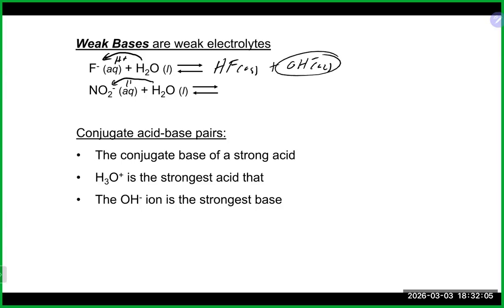Same deal, going to send our H plus over there, going to produce our nitrous acid there, and a little hydroxide action in there. Same idea, these weak bases have the ability to produce some hydroxide, so they're still considered bases. The deal with these guys is they pretty much need to do a little bit of work to produce the hydroxide.